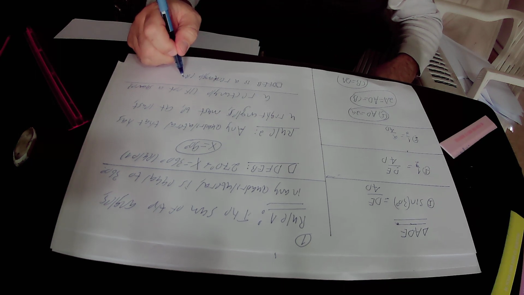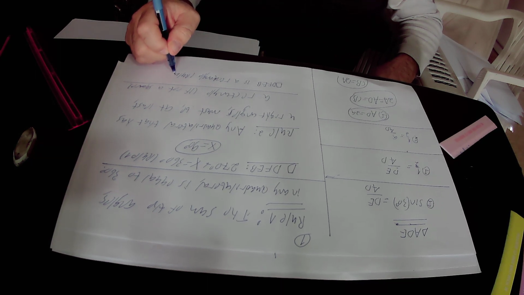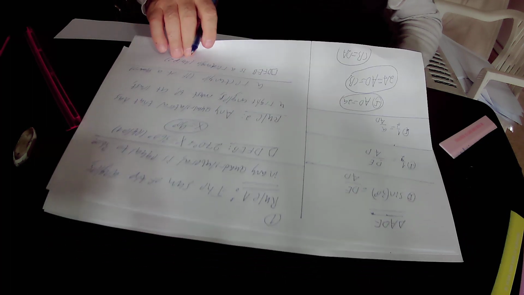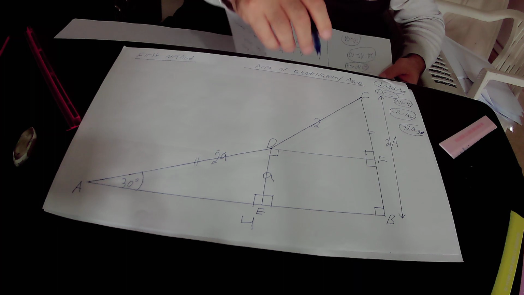Okay, so we will relate to quadrilateral DFEB, this quadrilateral is a rectangle.